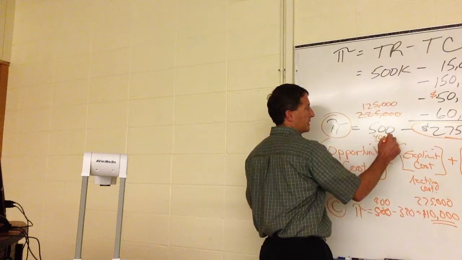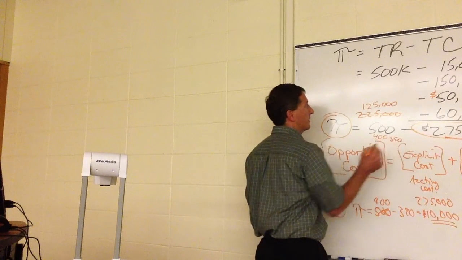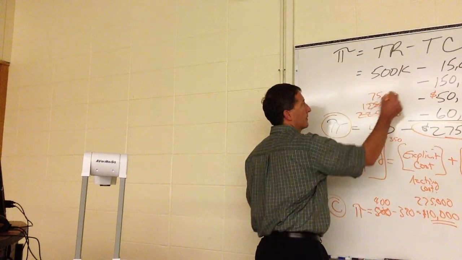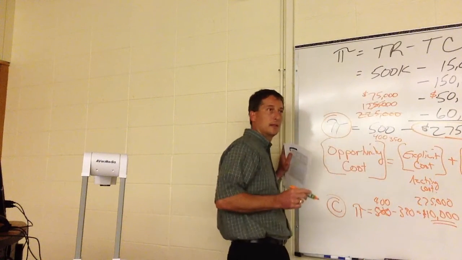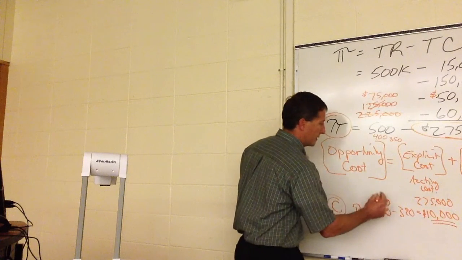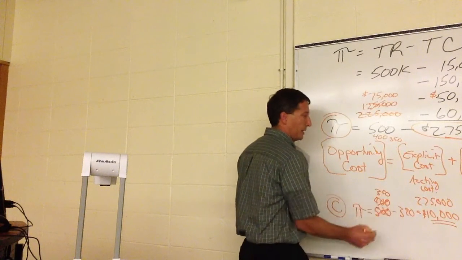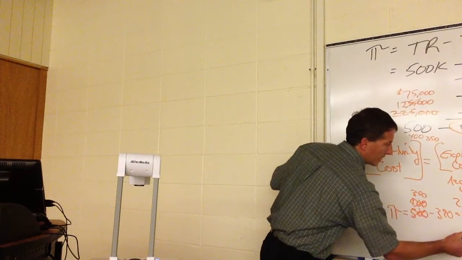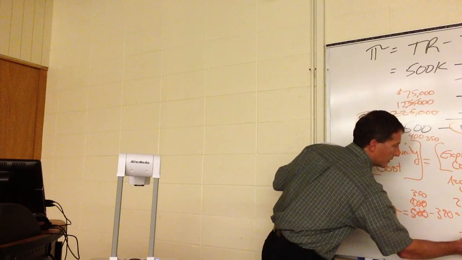If we knock down to 350, revenues fall to 75,000. But down here, if we knock off another 50, they fall to a negative 40,000.